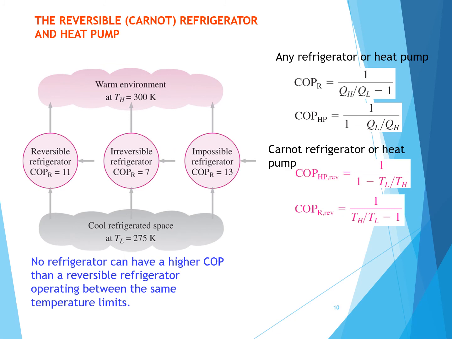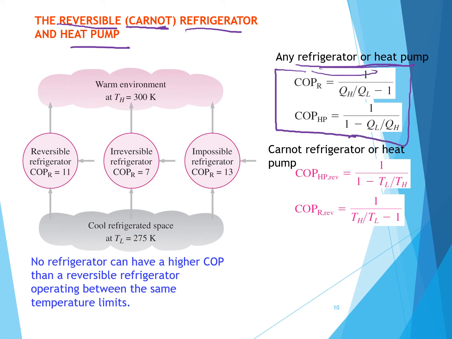Similar to the heat engine, we can also use the relation from the thermodynamic temperature scale to have a new expression for an ideal refrigerator and ideal heat pump, or reversible or Carnot refrigerator and heat pump. So previously we learned that for any refrigerator or heat pump, the coefficient of performance can be calculated using this formula, right?